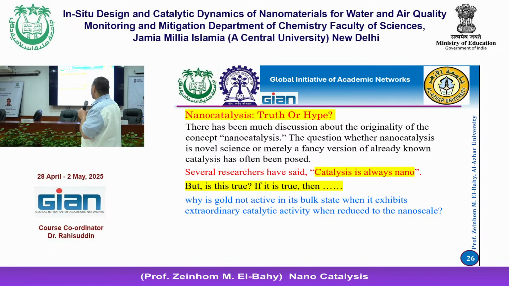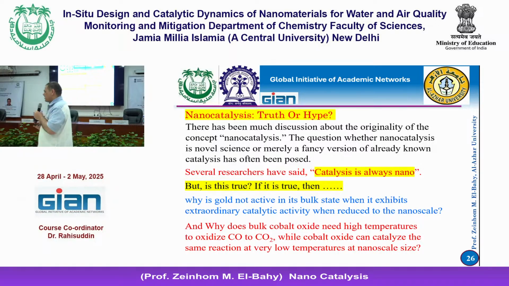Why is gold not active in its bulk state when it exhibits extraordinary catalytic activity when reduced to nanoscale? It is very simple. And there is another example, copper oxide or cobalt oxide, which is very active in nanoscale and less active in bulk scale.